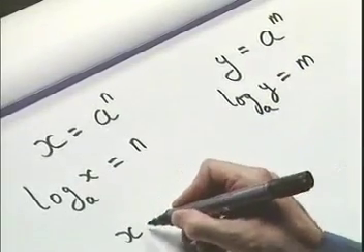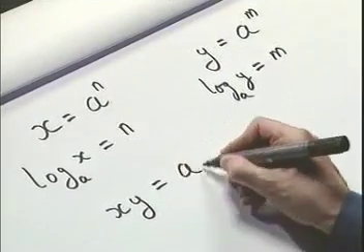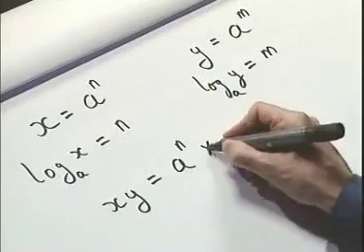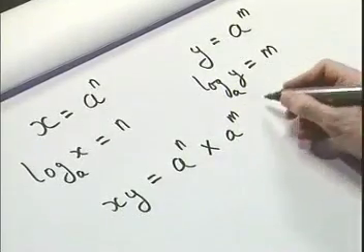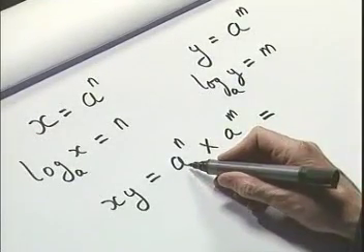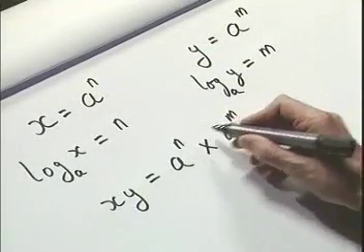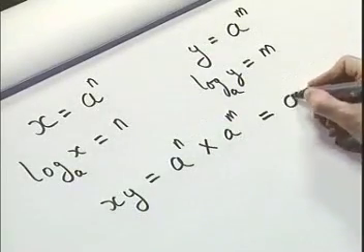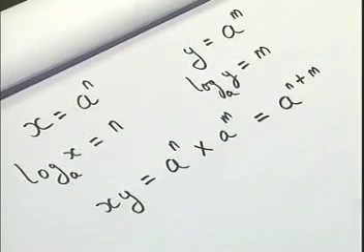So x times y is a to the power n times a to the power m. And what do we get here? A to the power n times a to the power m means that we add the indices together. So that's a to the n plus m.